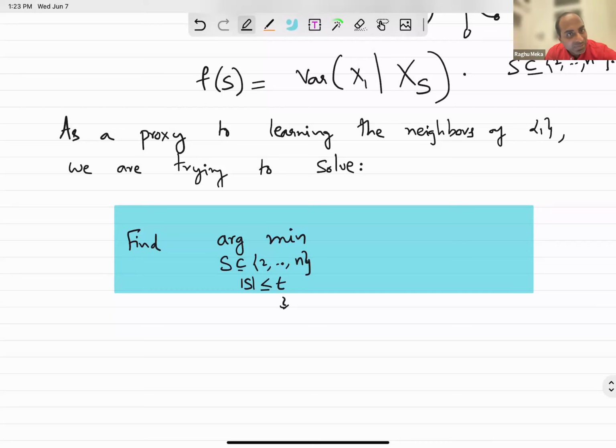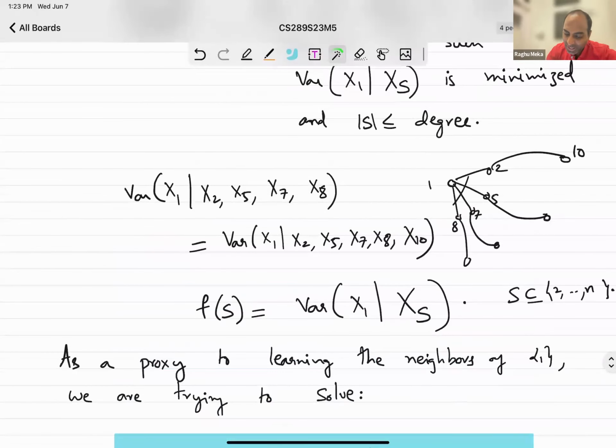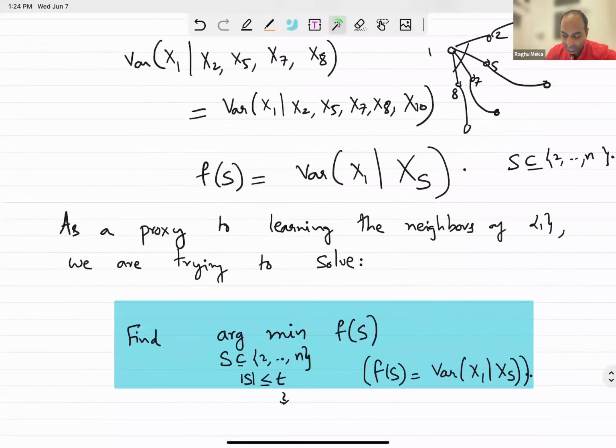It doesn't have to exactly be the degree. Even if you're slightly worse or slightly better, we are okay. Does this make sense intuitively? I want to find the set of neighbors, so I'll try to find the subset which minimizes the conditional variance subject to the size. And the intuition is that if I pick out the neighbors, then adding anything else is useless.